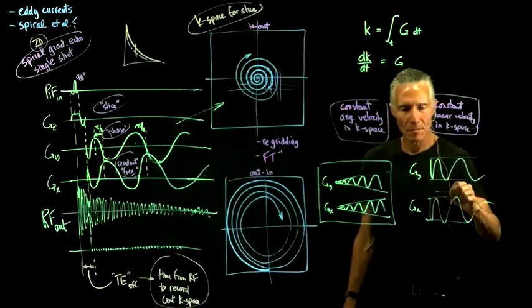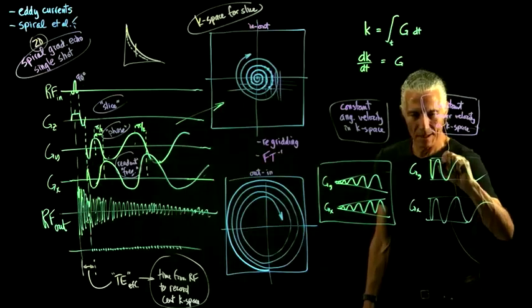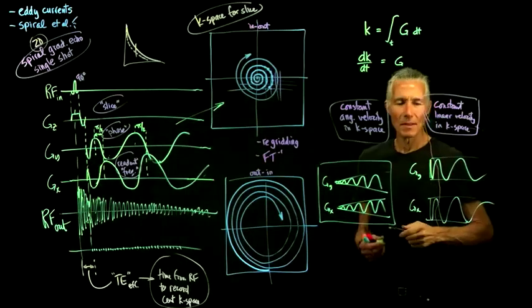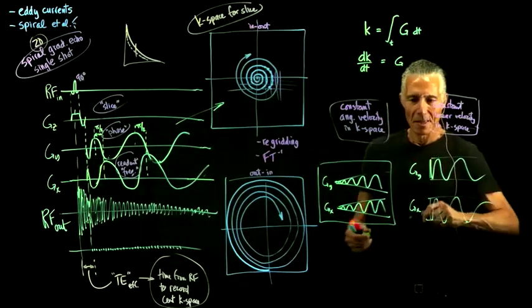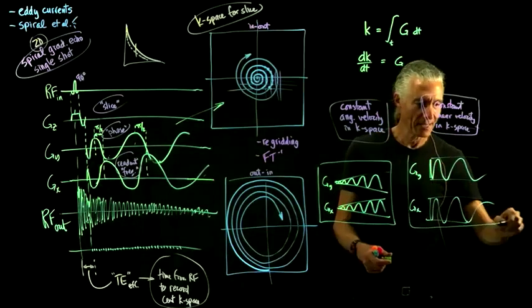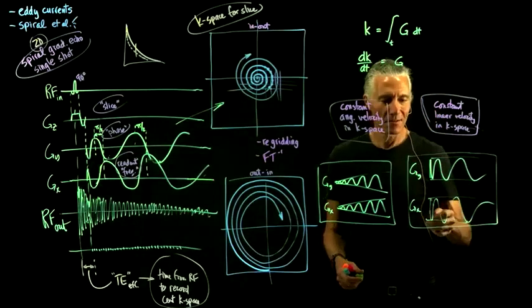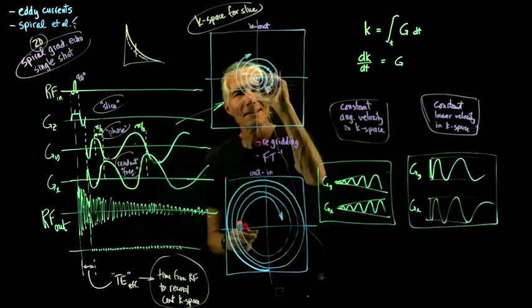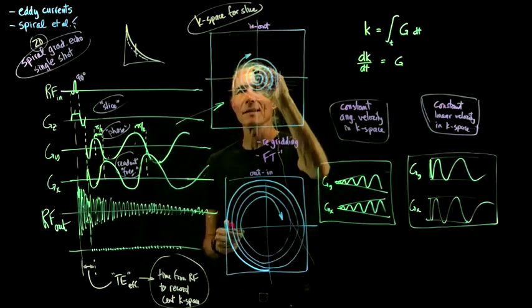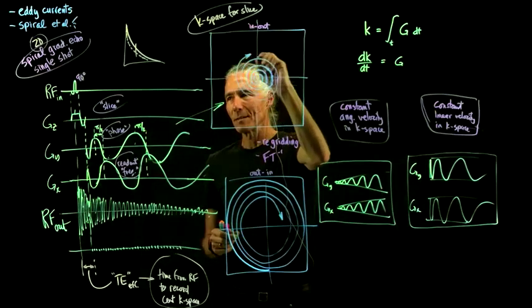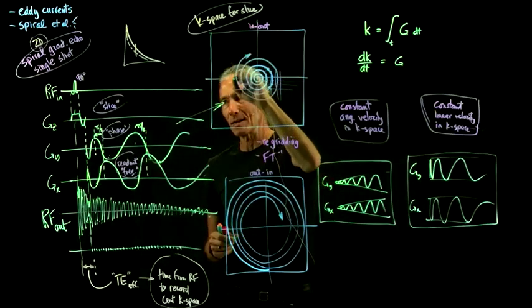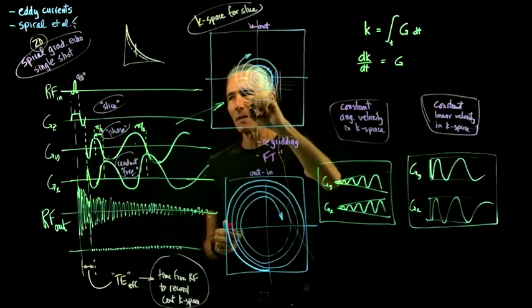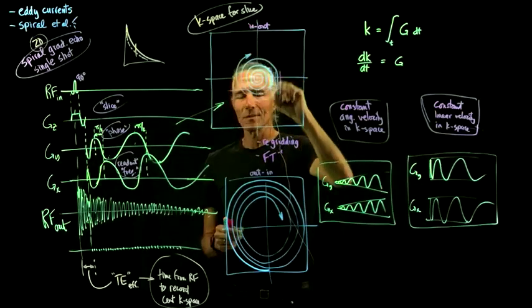So the problem with these is that you're going really fast. The gradients are getting very vertical right at the center when you've got to go around really quickly. And then as you're going the same speed through k-space along the spiral, your gradients can be less packed.